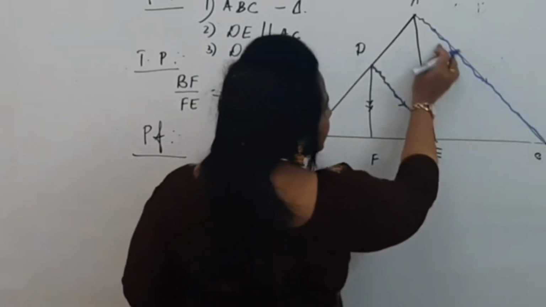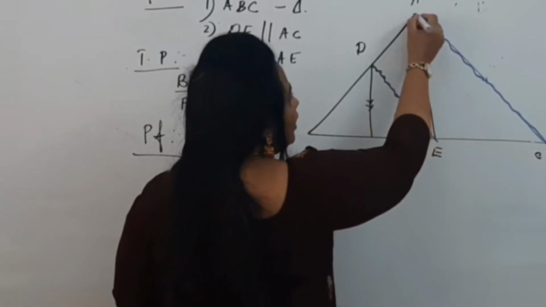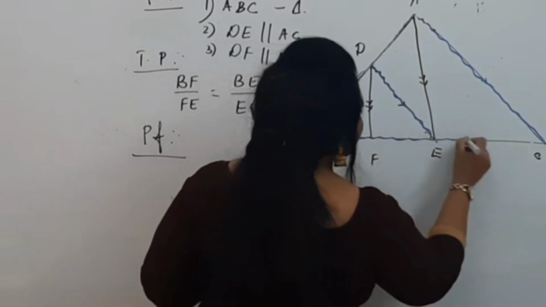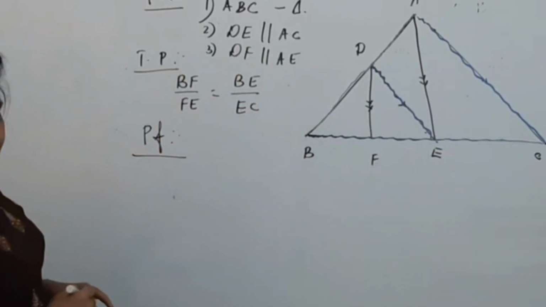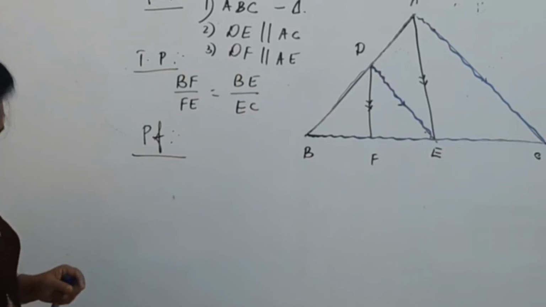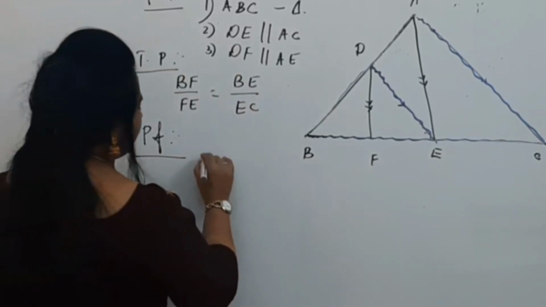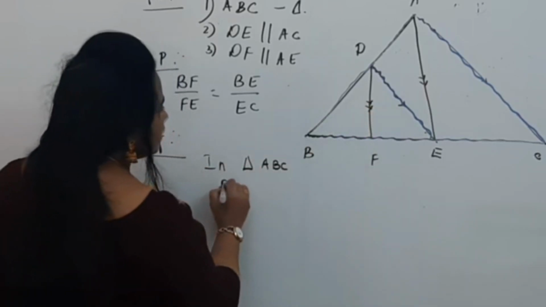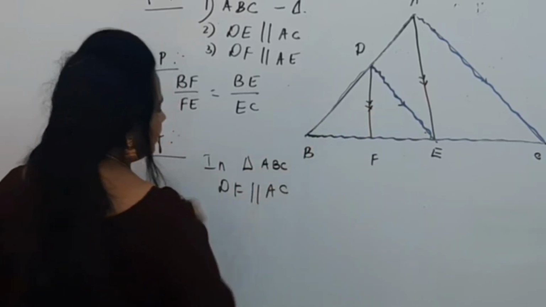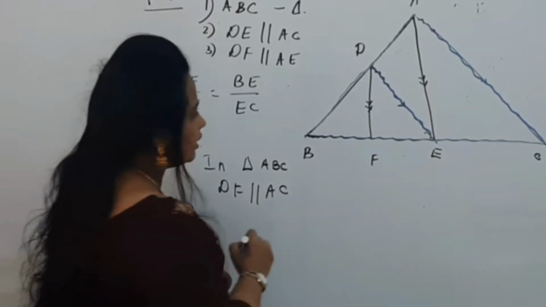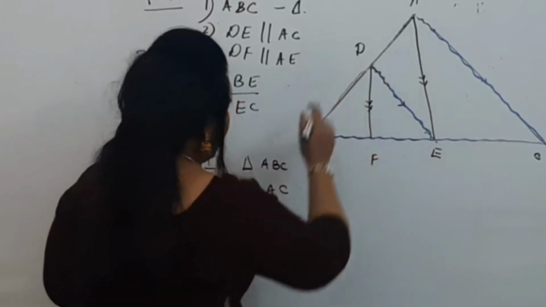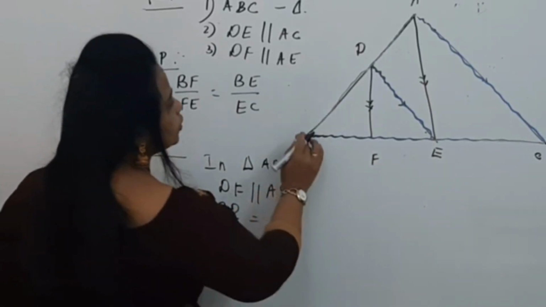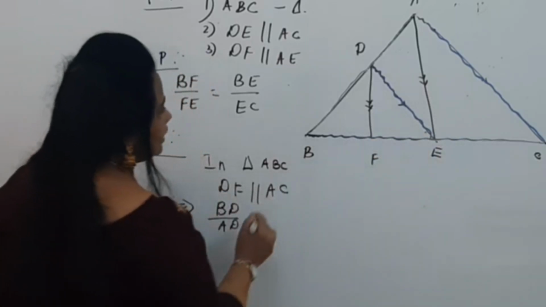That means this AC is one side of the triangle that meets at the vertex B. Now you can understand the triangle like this. Hope you get this one. In triangle ABC, DF is parallel to AC. That implies by Thales theorem, BD by AD is equal to BE by EC.